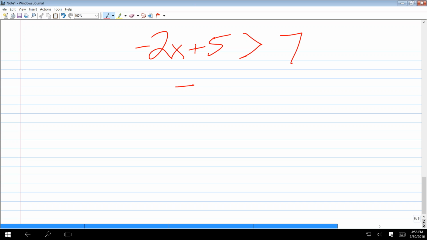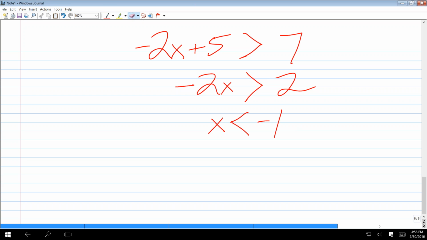Minus 2x is greater than 2. And what's the next thing you're going to do? You're going to divide by a negative and flip the sign. Okay, so our final answer is what? x is less than negative 1. Okay.